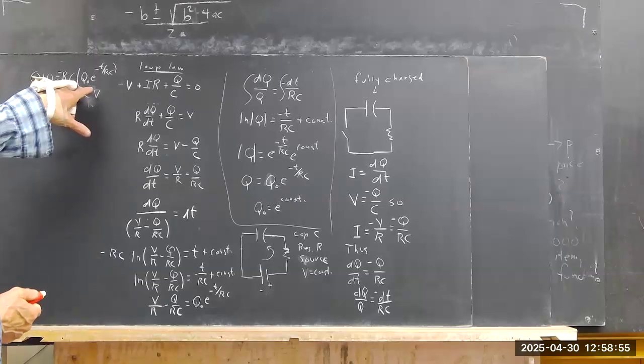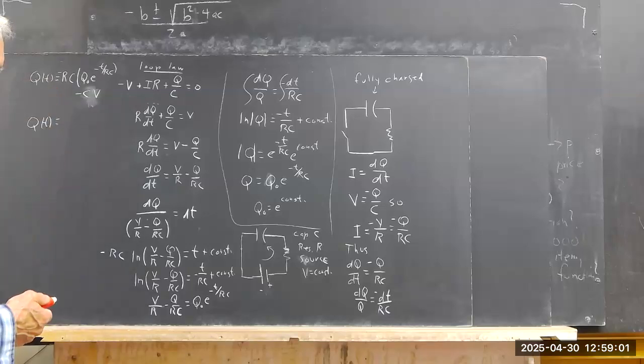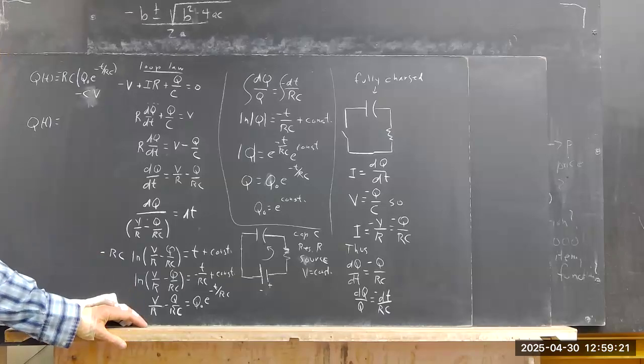But this should have units of charge. RC doesn't. RC has units of reciprocal time. That's right, it has units of time. Well, we've messed up somehow.